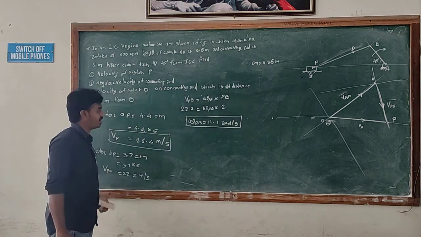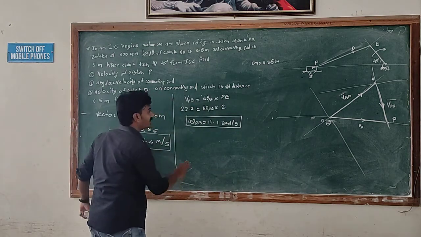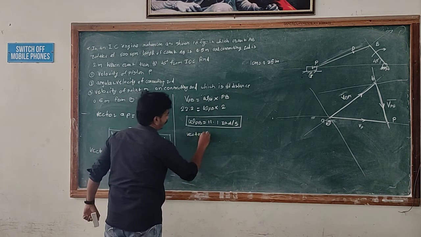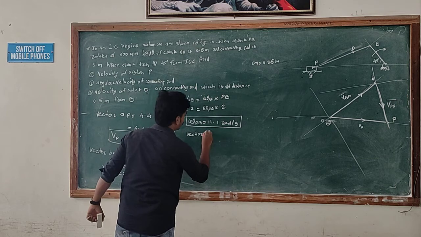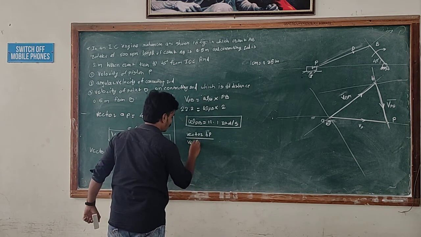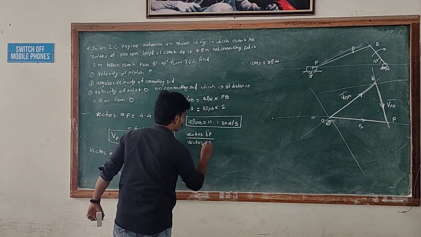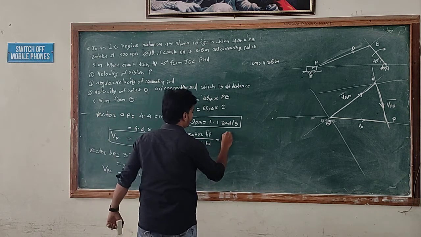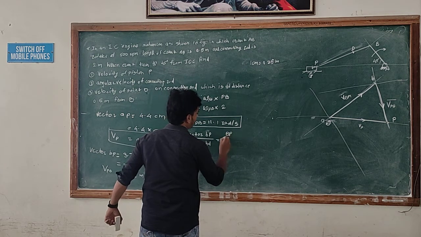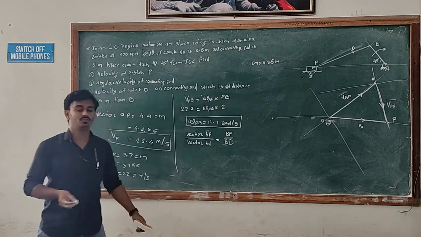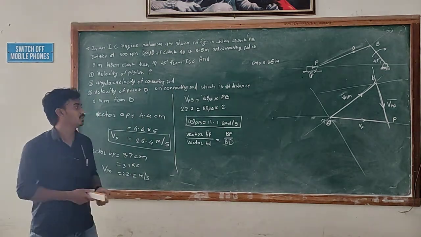So we have one relation: vector BP upon vector BD is equal to distance BP divided by distance BD.